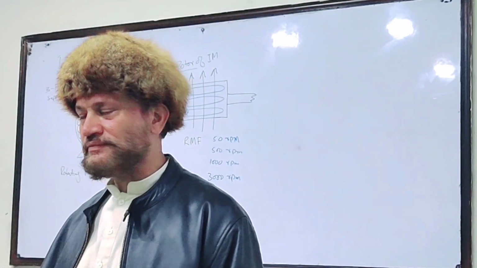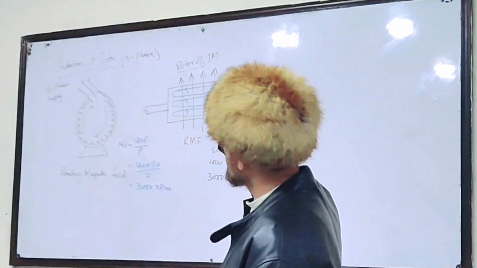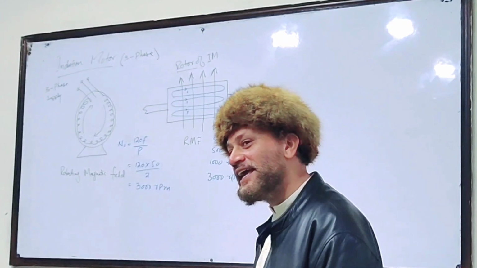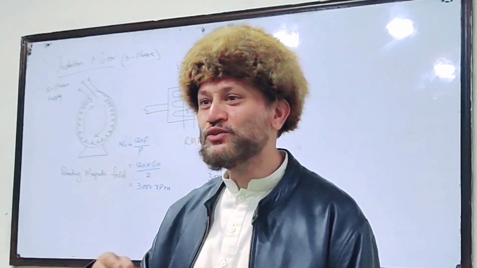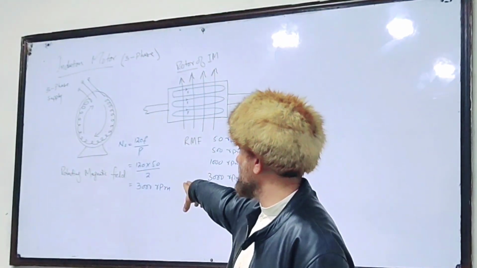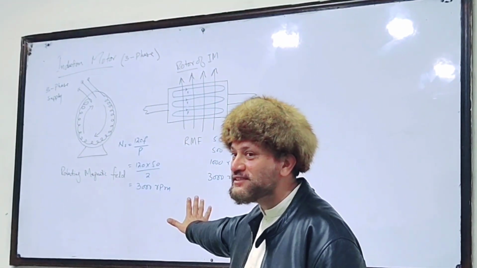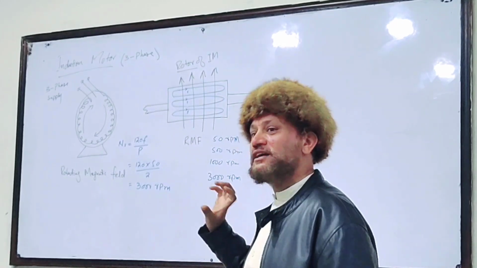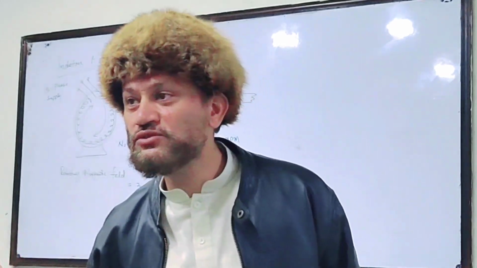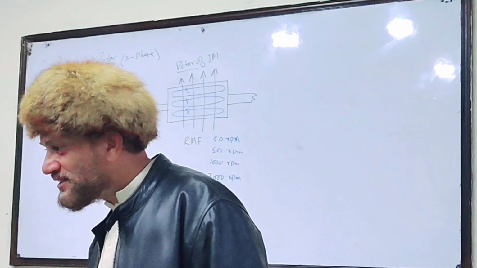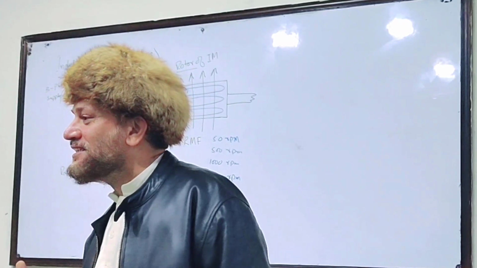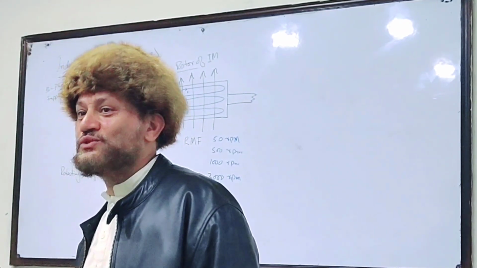Understand my point? When it is slowed down, again there is room for a relative speed. The rotating magnetic field speed is constant. The rotor is now slowed down because of no current through these bars, and that creates relative speed between these two.